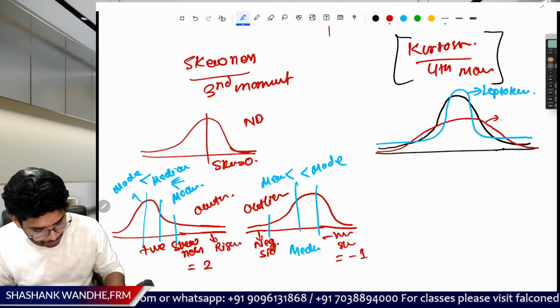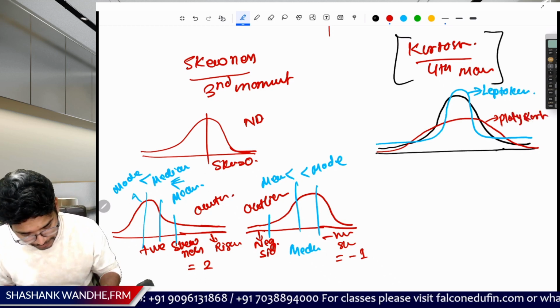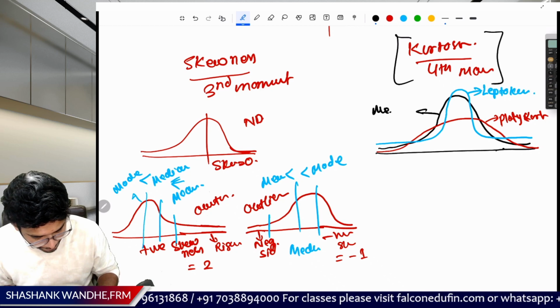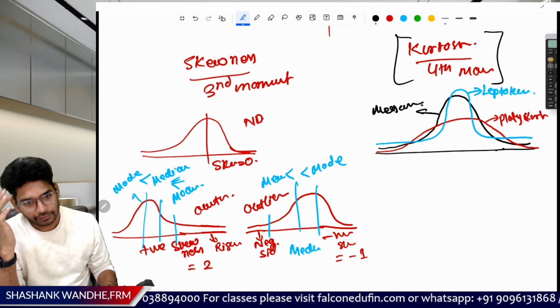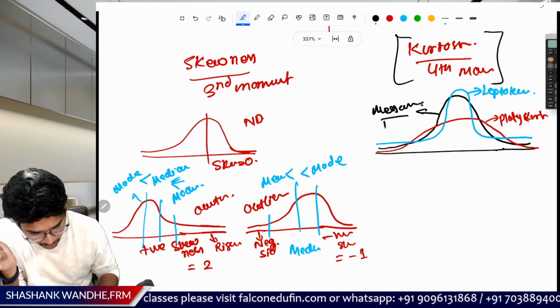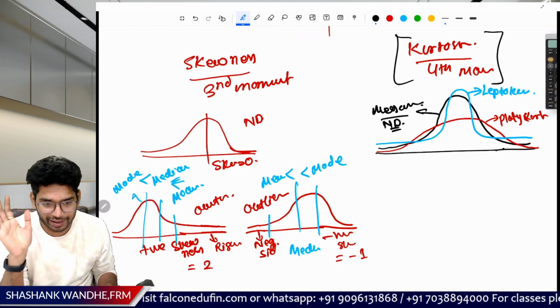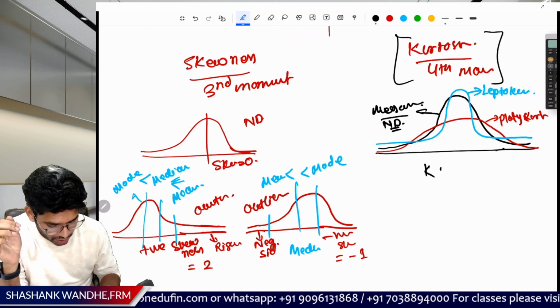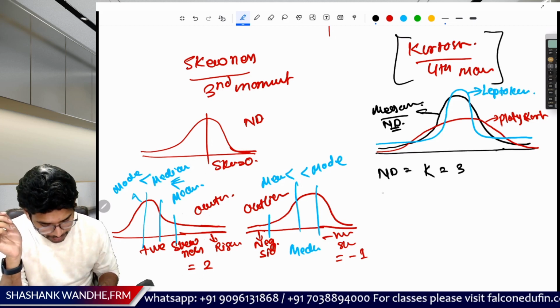Red is platykurtic, and this is mesokurtic. Okay, simple. Now this black line or the distribution is normal distribution. Remember this, black is normal distribution which has kurtosis of 3. Normal distribution has a kurtosis of 3.